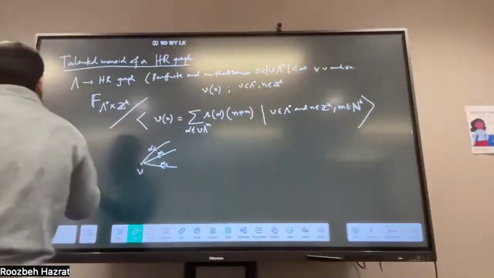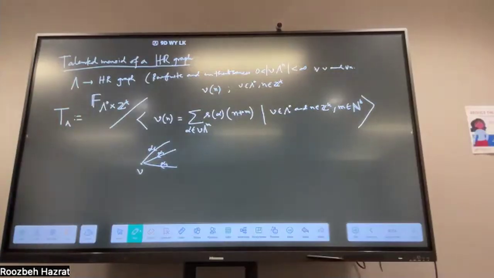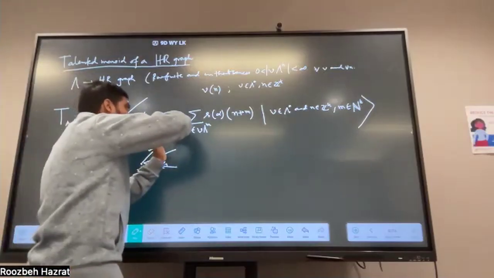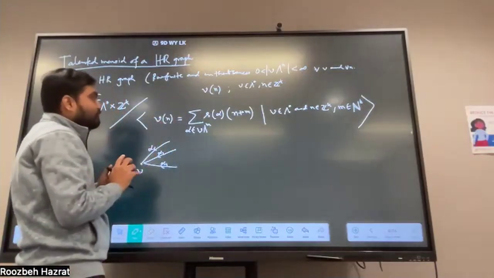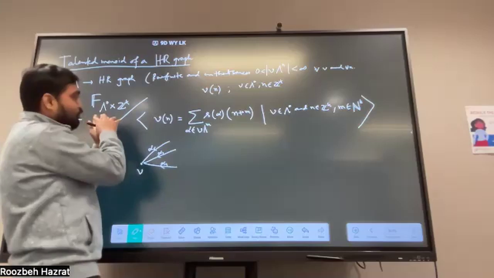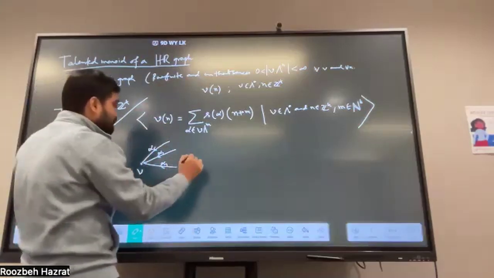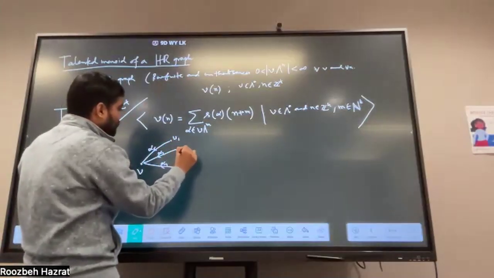So this is the definition of the talented monoid, which I define in this way. Now there is a corresponding notion of graph monoids in higher rank graphs also, which just forgets these shifts written in the parentheses. But that's where the talent of this monoid comes. It actually captures this length, right? So if you have a vertex P, you have say W1, W2, W3.